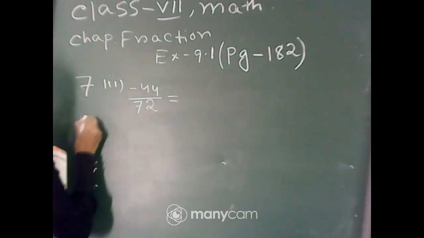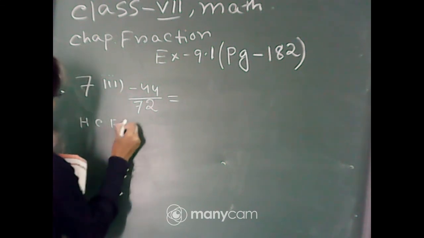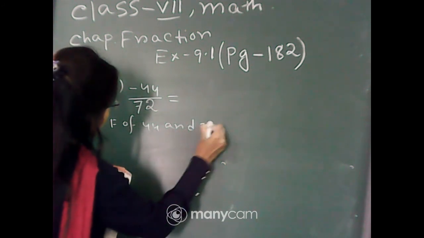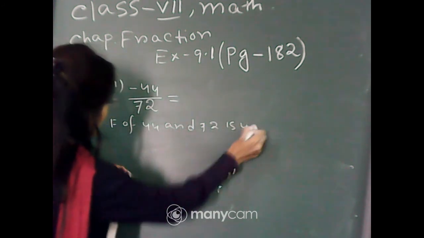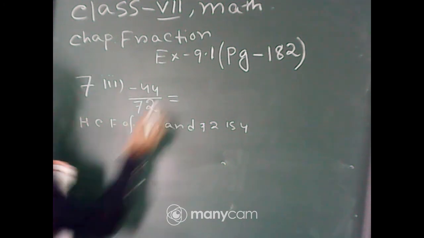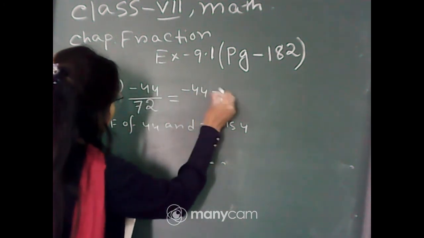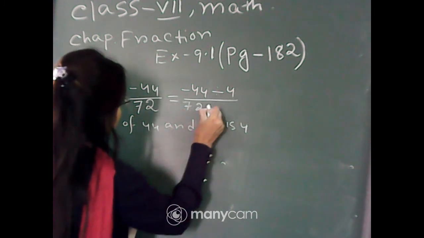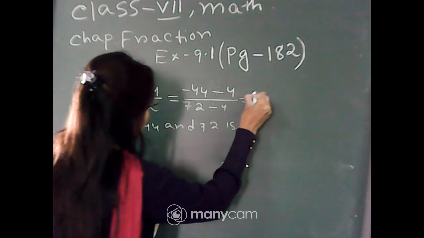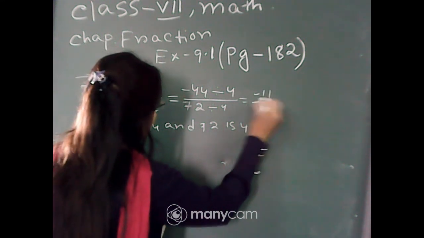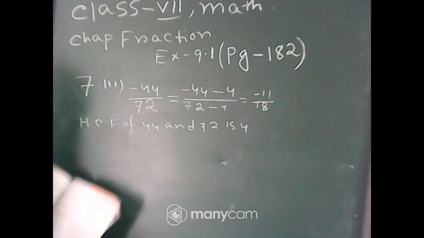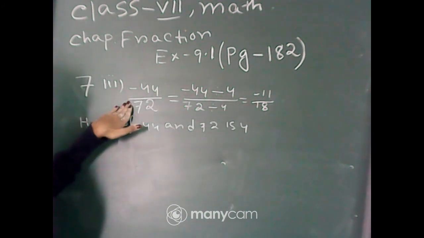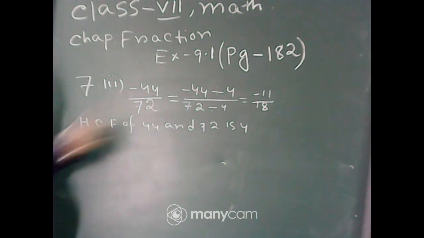Now the HCF of 44 and 72 is 4, and here the denominator is positive, so we divide both the numerator and the denominator by 4 and we get minus 11 divided by 18. Therefore, this is the simplest form of the rational number minus 44 divided by 72.